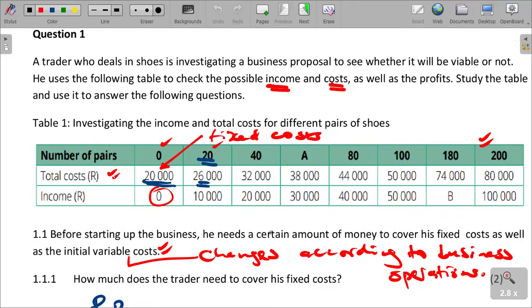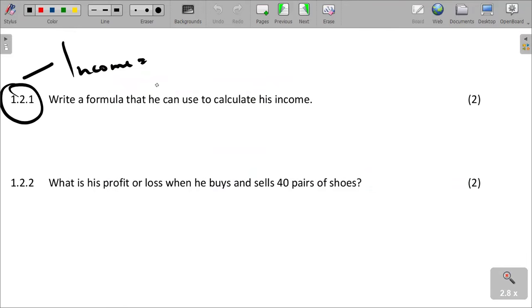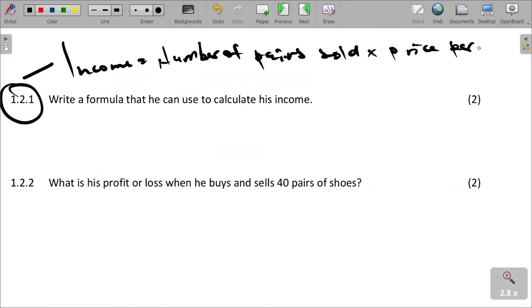So total income is equal to number of pairs sold multiplied by price per pair.